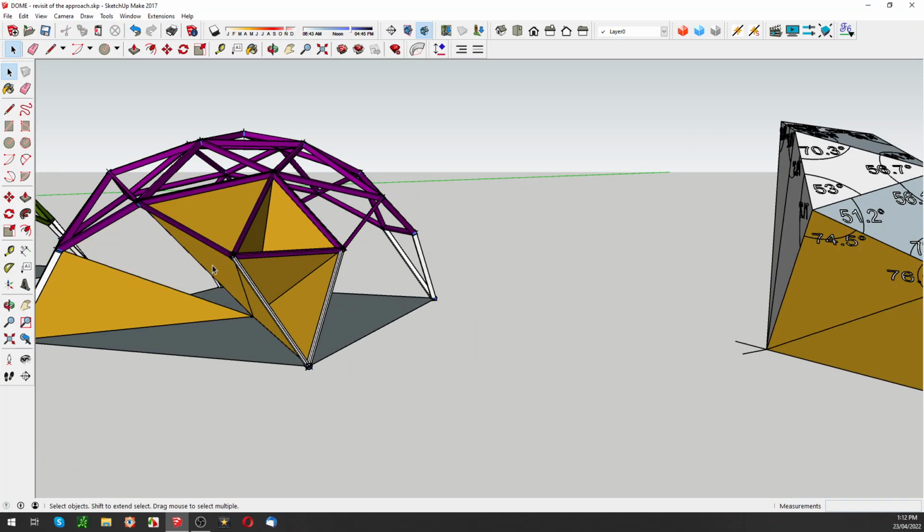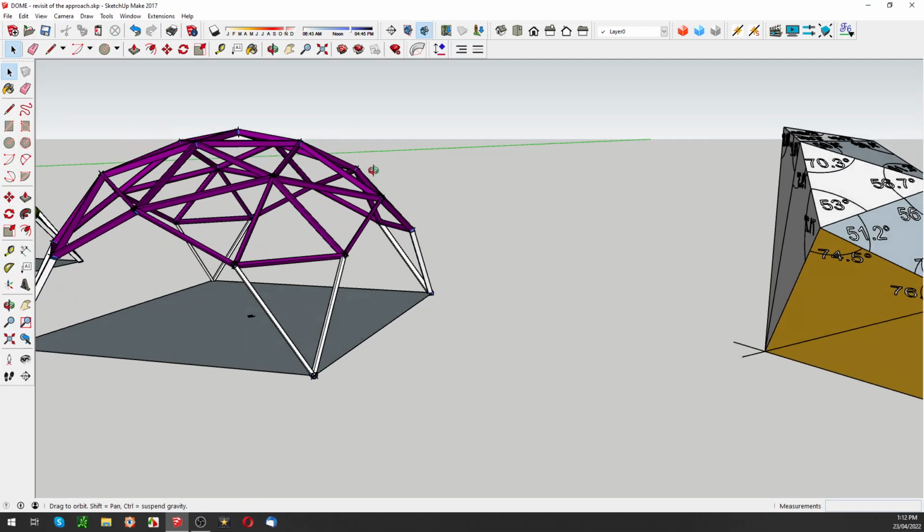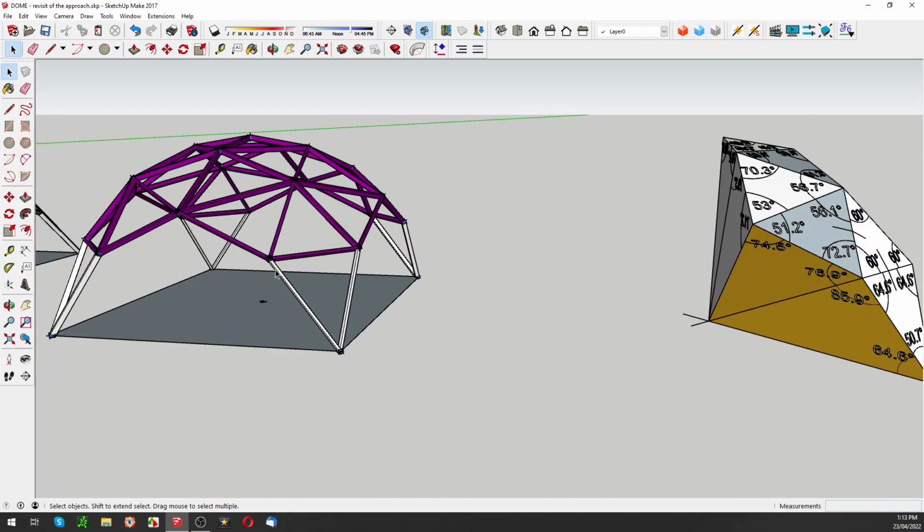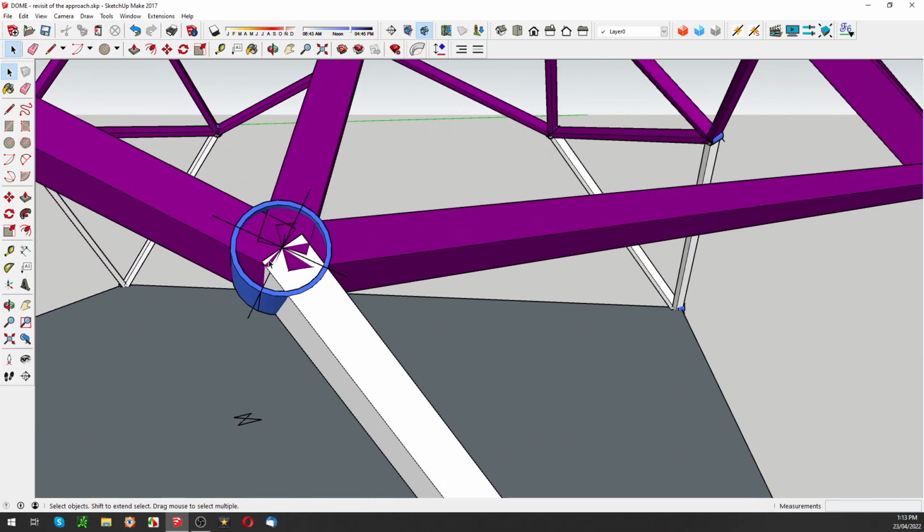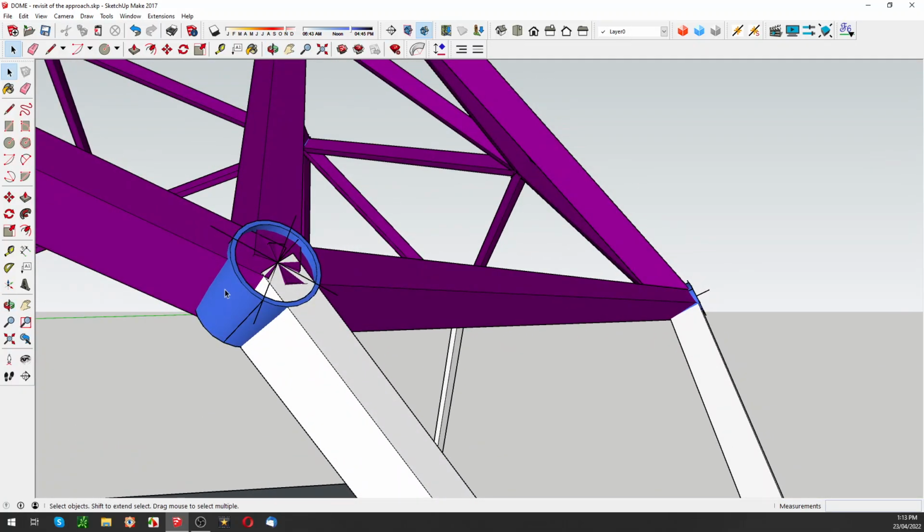And in this regard, I'll just delete some of this out so it's less confusing, maybe. But I've gone back to the circular hubs. I was actually trying to do the angled hubs themselves so that the struts don't need to have an angle cut on the ends. The angled hubs mean that all the struts would have a square cut.